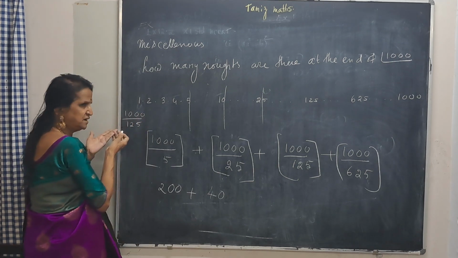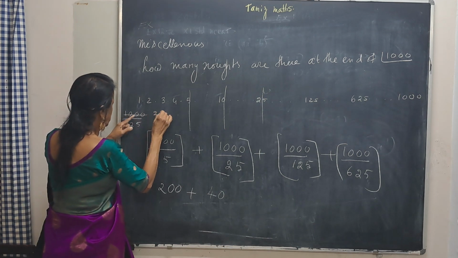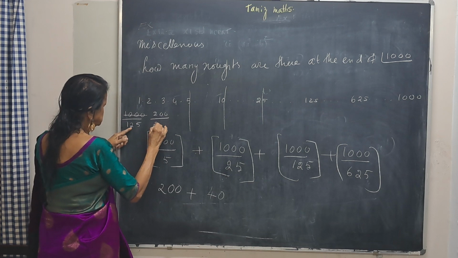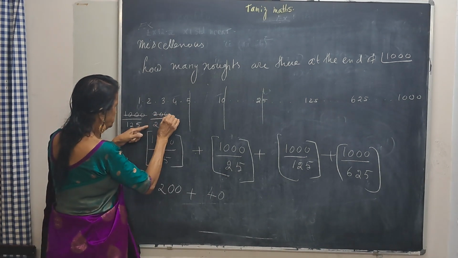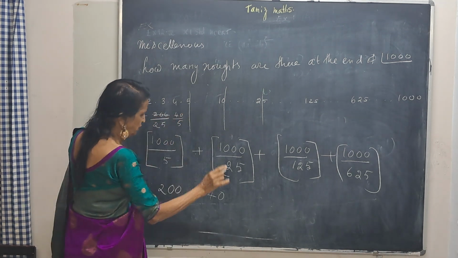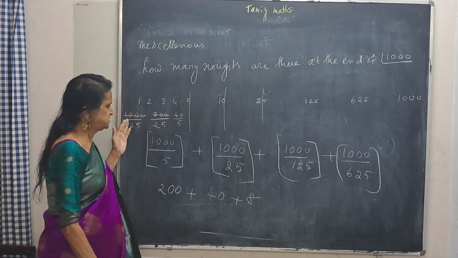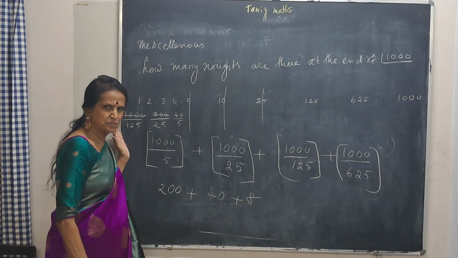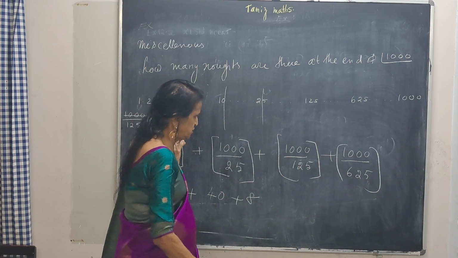You can divide like that or you cancel with 5, and again 5 you cancel. So it will go 8 times. Or you can actually divide. I just did this because I thought it will make it easy. Otherwise you can divide 1000 by 125, which will be 8.